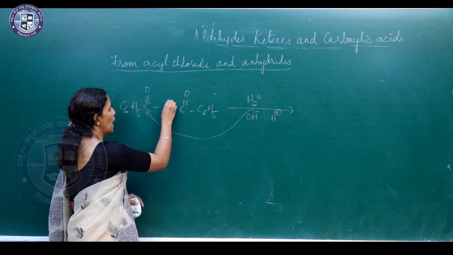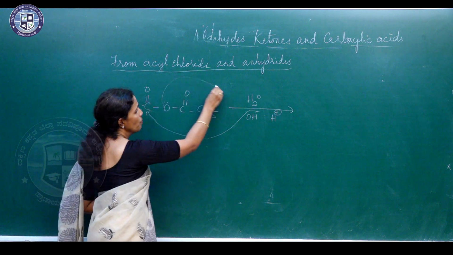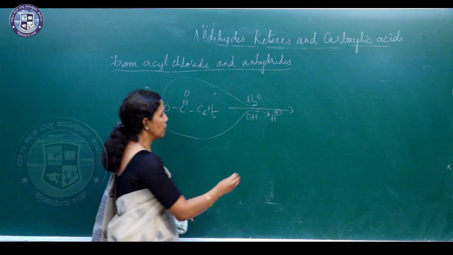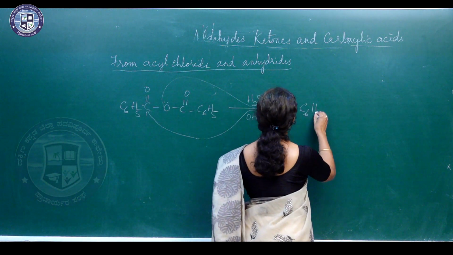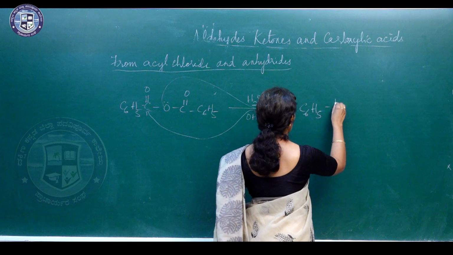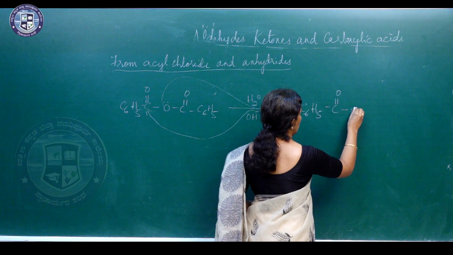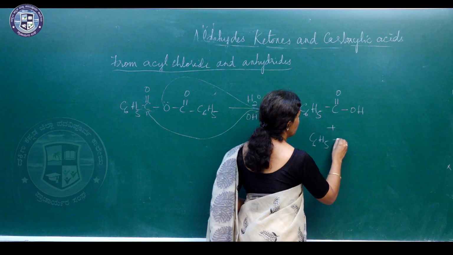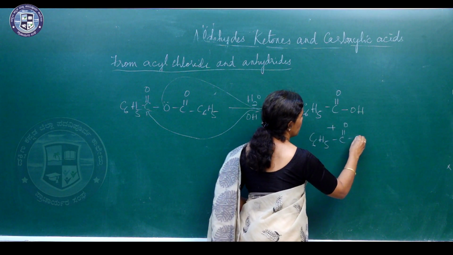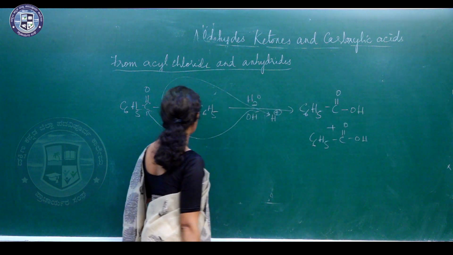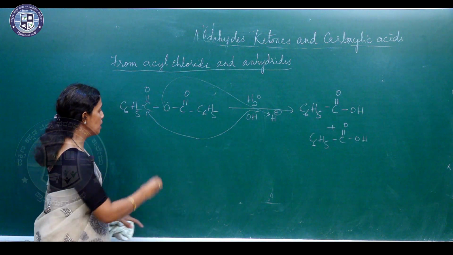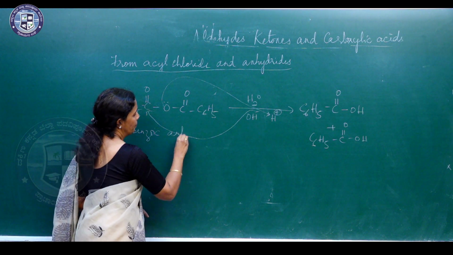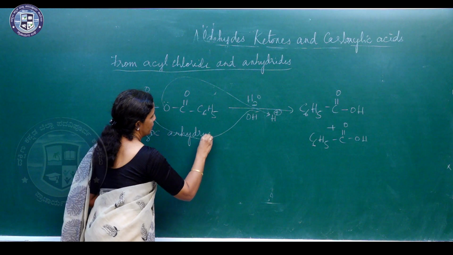The oxygen atom will link to the H plus ion. So, the product will be C6H5C(=O)OH and C6H5C(=O)OH. So, we get 2 molecules of benzoic acid from benzoic anhydride.